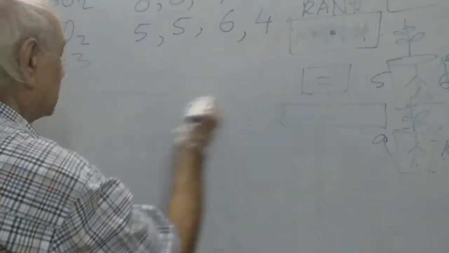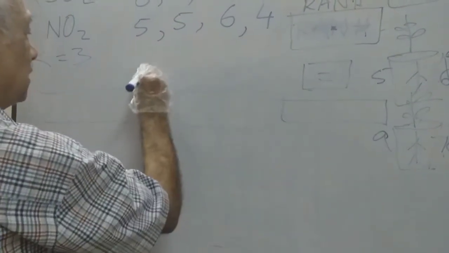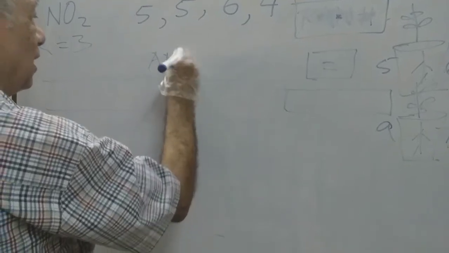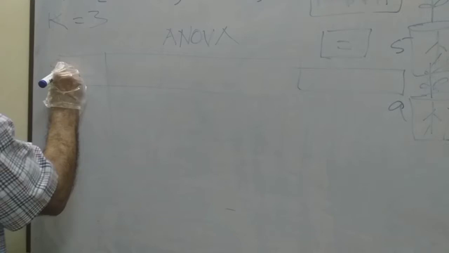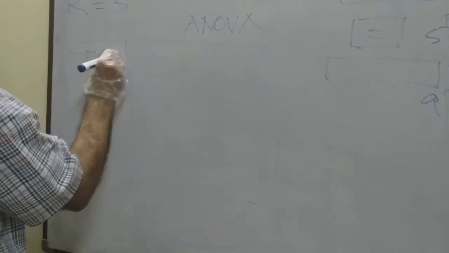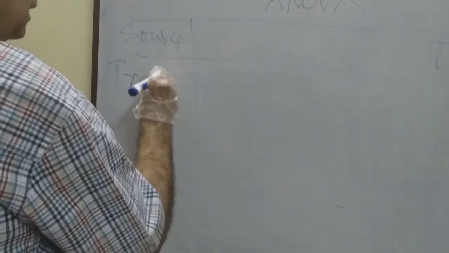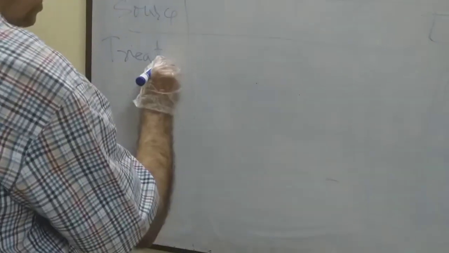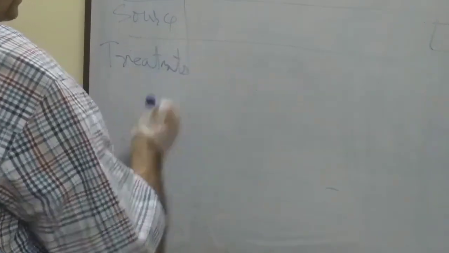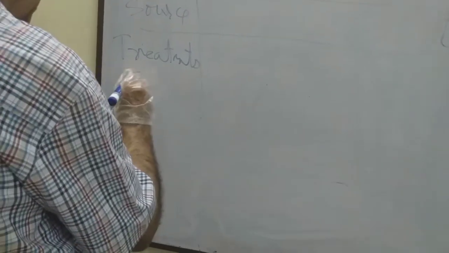So K is equal to 3. Right? Now we can analyze this data into analysis of variance and form an ANOVA table in which the first column is source. In the source there is treatment. The variation can be due to treatments, and number 2 due to error.